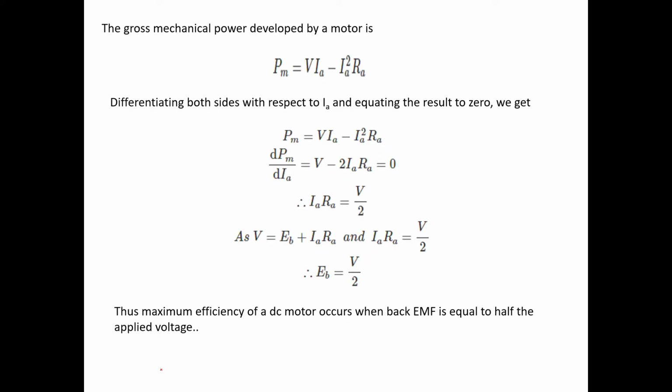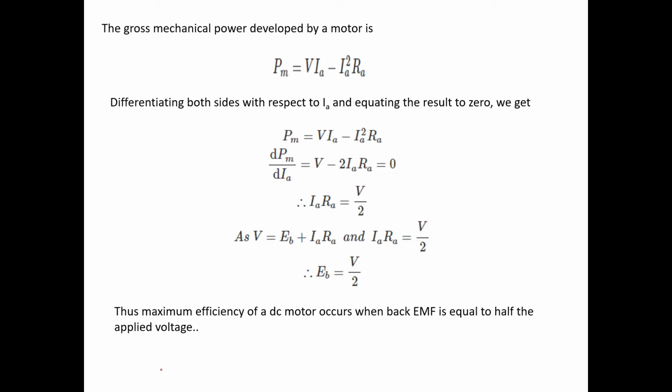According to theory, the gross mechanical power developed by a motor is power equal to voltage into armature current minus armature current square into RA. Differentiating both sides with respect to IA, the armature current, and equating the result to 0, we get the following equations. PM is equal to VIA minus IA square RA.